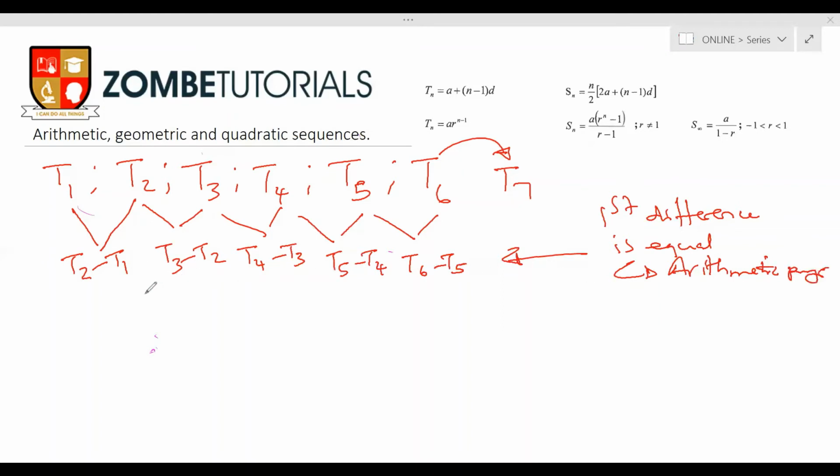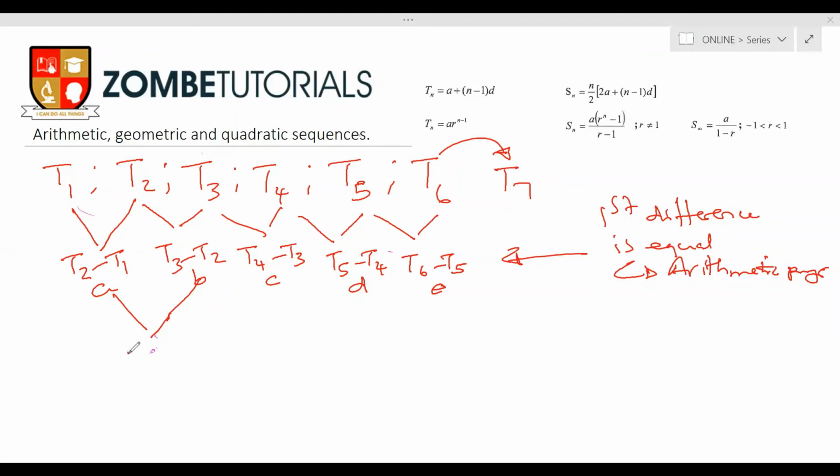If the first difference is not equal, then we're going to have to check the second difference. Let's say this gives us those values to make it easier for it to fit inside the space that we have. So here now we're subtracting the consecutive terms of the first difference.